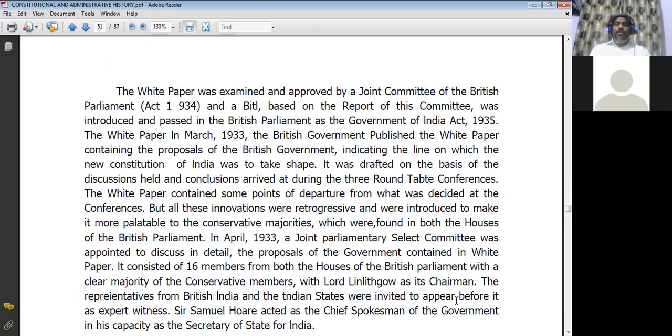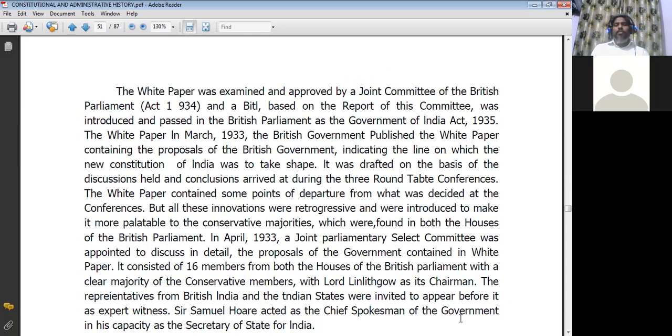In March 1933, the British government published the white paper containing the proposals of the British government, indicating the line on which the new Constitution of India was to take shape. It was drafted on the basis of the discussions held and conclusions arrived at during the three Round Table Conferences.